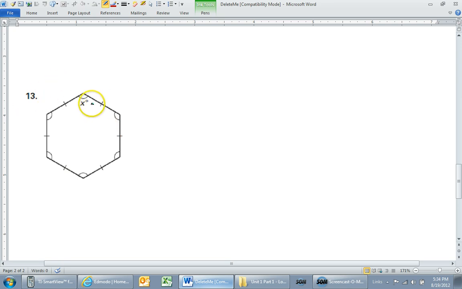That kind of makes it a lot easier. Let's figure out the total. How many sides are there? 1, 2, 3, 4, 5, 6. This is a six-sided figure, also known as a hexagon.